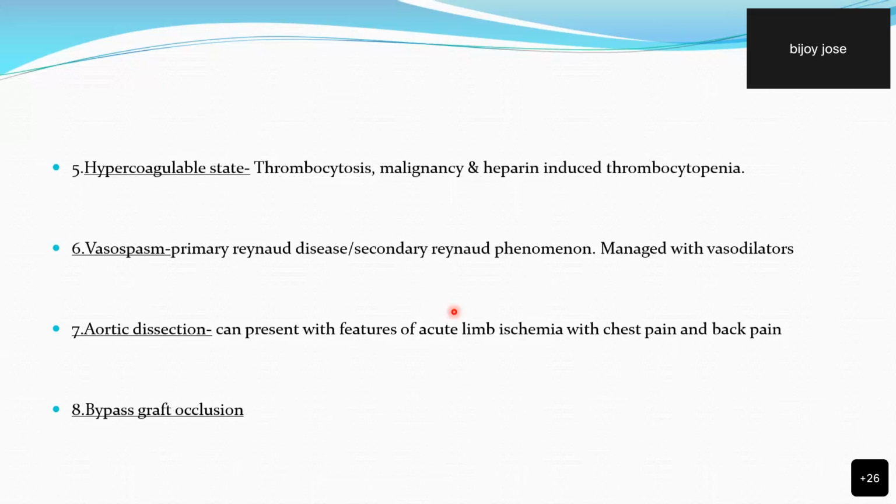So when a patient gives a history of acute onset chest pain radiating to the back with lower limb ischemia, especially in the background of hypertension, we have to suspect aortic dissection. Sometimes the patient can present with bypass graft occlusion. For a patient who already had a bypass, either for an acute case, underlying pathology, or chronic disease, when the graft gets occluded, the patient can present with features of acute limb ischemia.